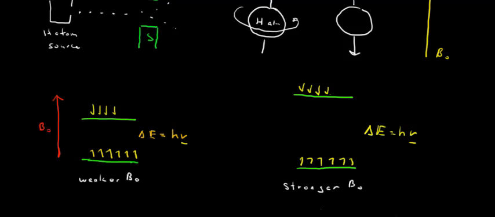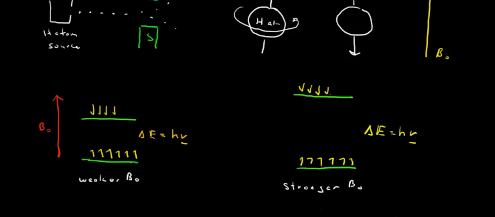Stronger magnets are more expensive, and they correspond to higher frequencies. And so what we're going to find, the basic idea behind NMR spectrometry or spectroscopy, is that we apply the strong magnetic field, and then we apply some electromagnetic radiation that corresponds to this energy gap, this frequency here.